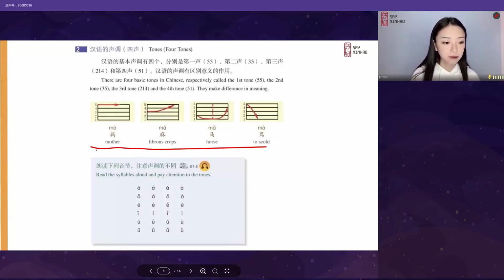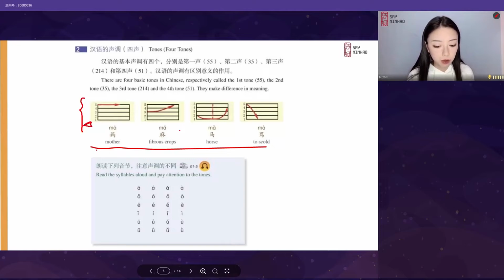Now let me see. First, we can see here are 5 lines. In each pinyin, there are 5 lines here, which means 5 pitches, from the first pitch to fifth, from the lowest to the highest. Okay, so first, let's see the first tone.